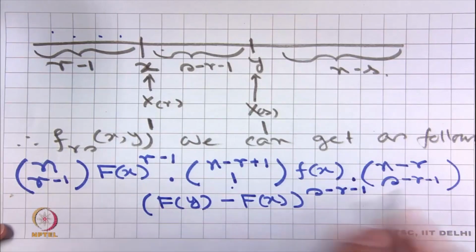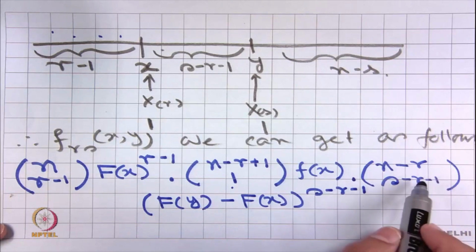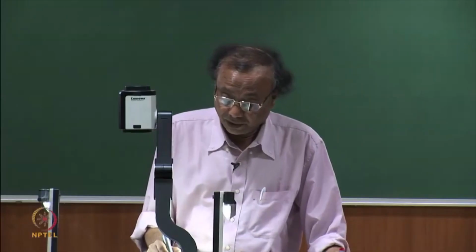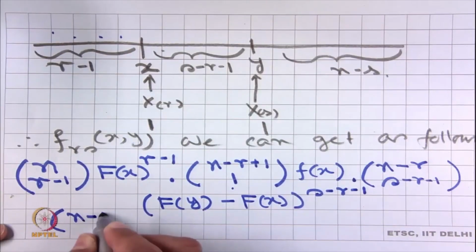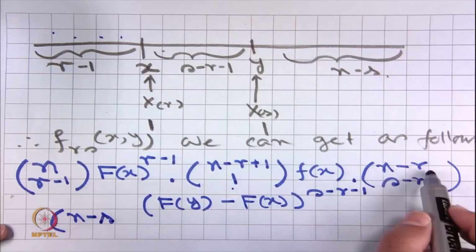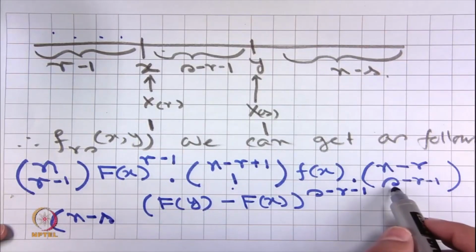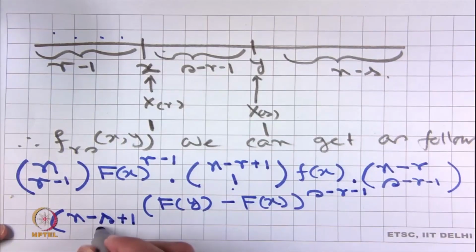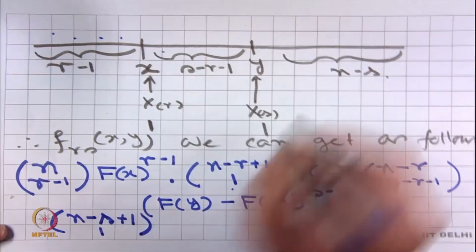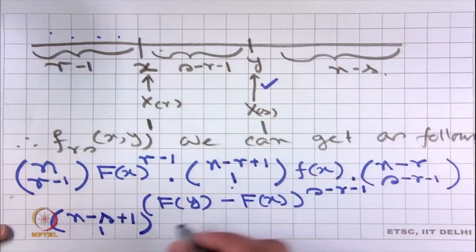Now, how many are left? n minus r minus s plus r plus 1. n minus r minus s plus r, that cancels the r, plus 1. From there I am choosing 1 and putting it in this position.